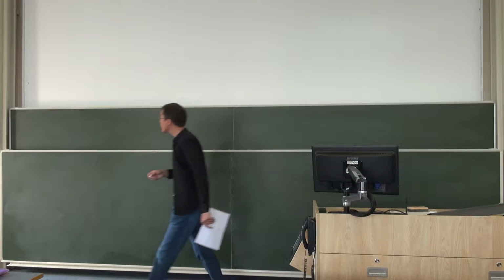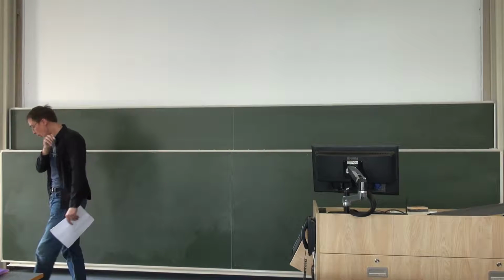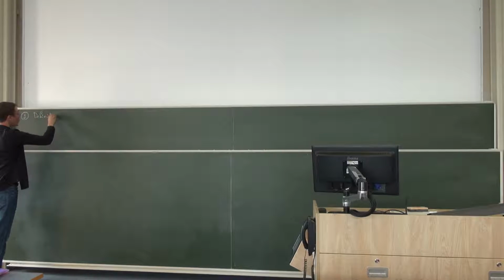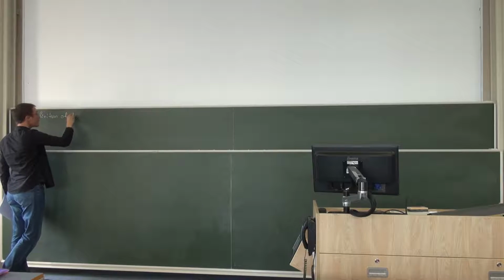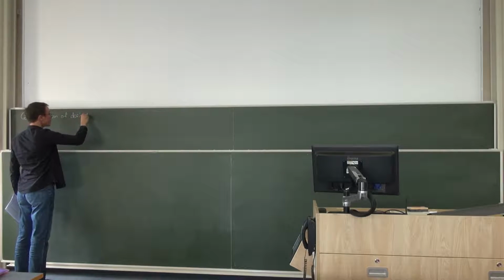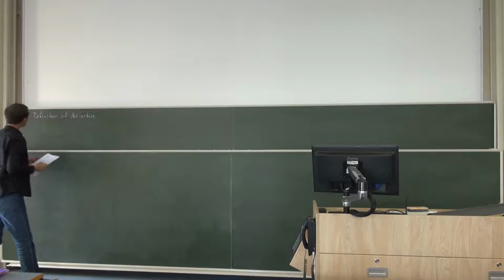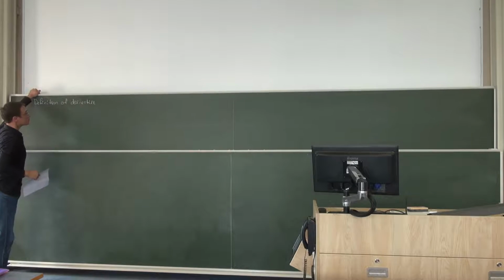Okay, but for now we begin with just a deeper go through what it means to be a derivative, and the first item is the definition of the derivative, as it is understood by modern mathematics.